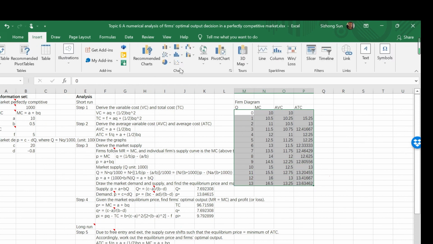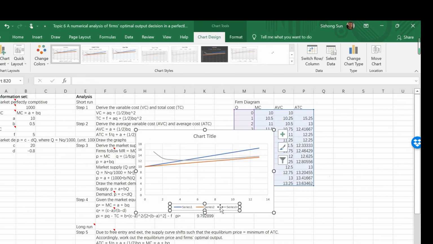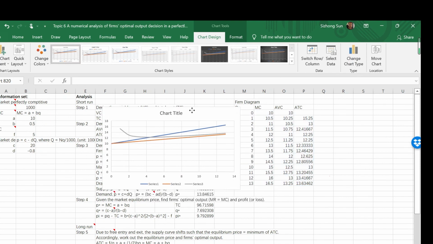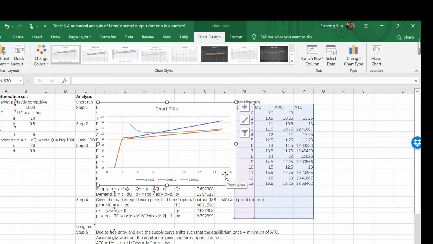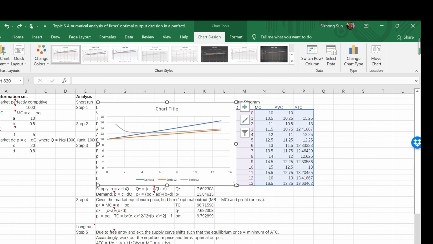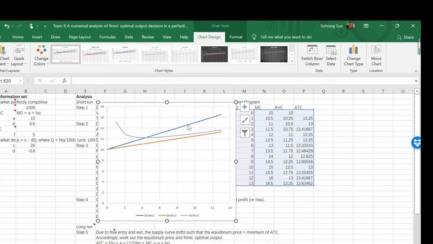Let's insert a scatter plot. Okay, so the blue line is the marginal cost curve.